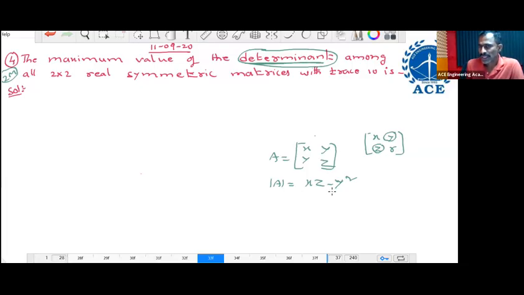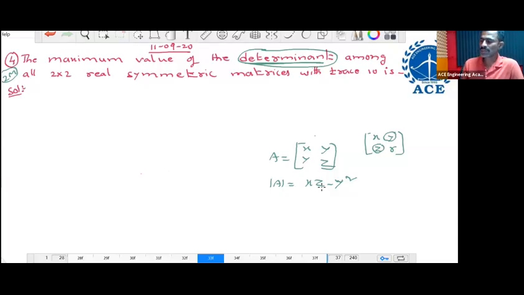Actually, we have written 2 methods for maximum and minimum. One method is for 1 variable, the other method is for 2 variables. And we did not write any method for a 3 variable function. If it is possible to reduce this 3 variable to 1 variable or 2 variable, then we can find the maximum value of this determinant.